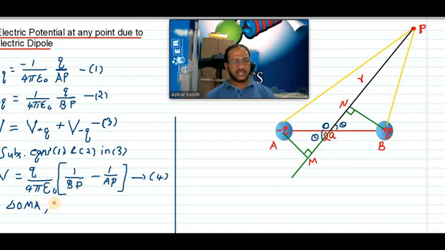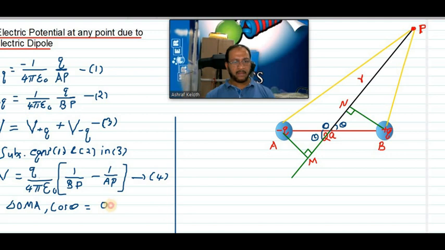what is cos theta equal to? What is cos theta equal to? Opposite by adjacent. Adjacent side by hypotenuse, isn't it? Yes, sir. Adjacent by hypotenuse, sorry, yes. What is the adjacent side? OM. This is theta. So the adjacent side is this one, OM.